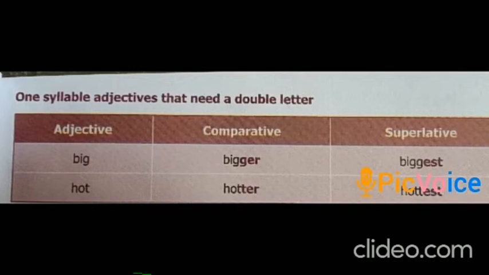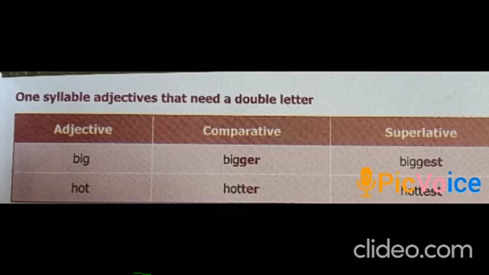For some adjectives, you need to double the last letter before you add er. You do this when the last three letters of the word have the pattern consonant, vowel, and then consonant. See here, big. The adjective is big here. That is, B is the consonant, I is the vowel, and G is the consonant.